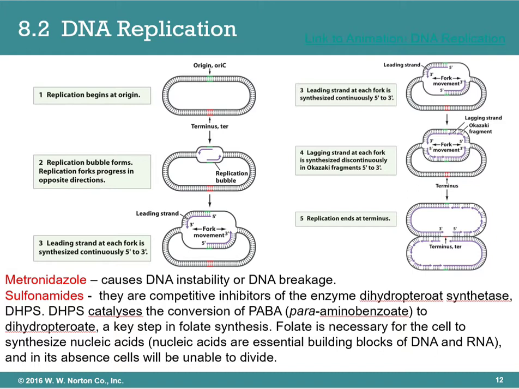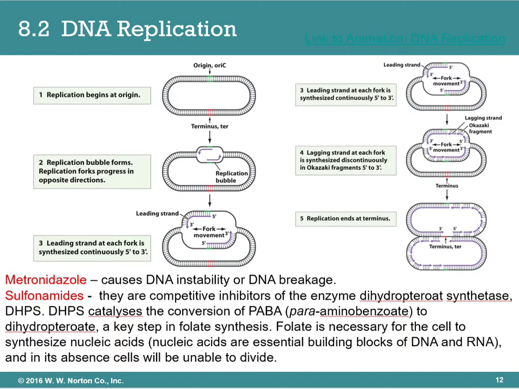And then I have another one. It does something similar with the DNA, but specifically it is a competitive inhibitor of a certain enzyme. That enzyme is a key point where an enzyme converts another molecule into something called folate, and folate is necessary to make nucleic acids.